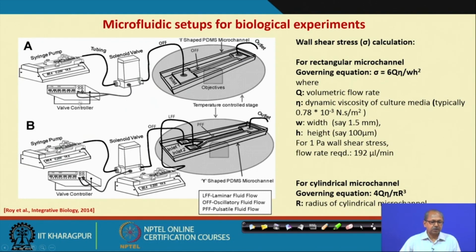The function of the valve controller is to generate the frequency at which the solenoid valve will be on and off to pass the fluid through the microchannel. In that way, in the I-shaped channel, oscillatory fluid flow will be generated.